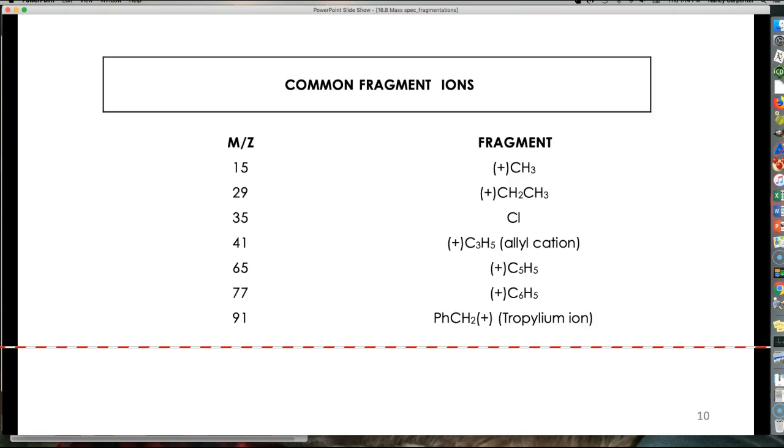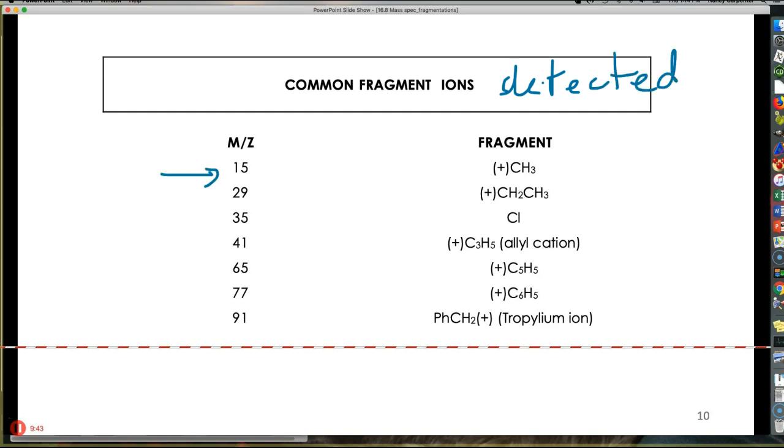In addition, then, there are some pretty common signals that are seen in a mass spectrum. So these are the ones that are, in fact, detected. So, a mass to charge signal at 15, boy, that's absolutely bells and whistles for a CH3.